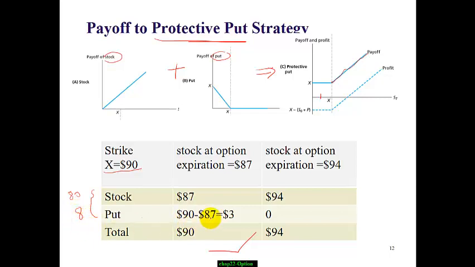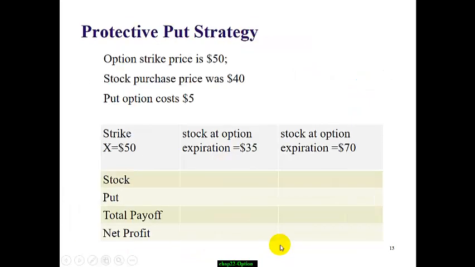So how much is the payoff? We're going to subtract the cost then. So the net profit is $2, $6. I have another example for you to practice. Okay, figure out the stock price, the put payoff, the stock payoff, the total payoff, and the net profit.